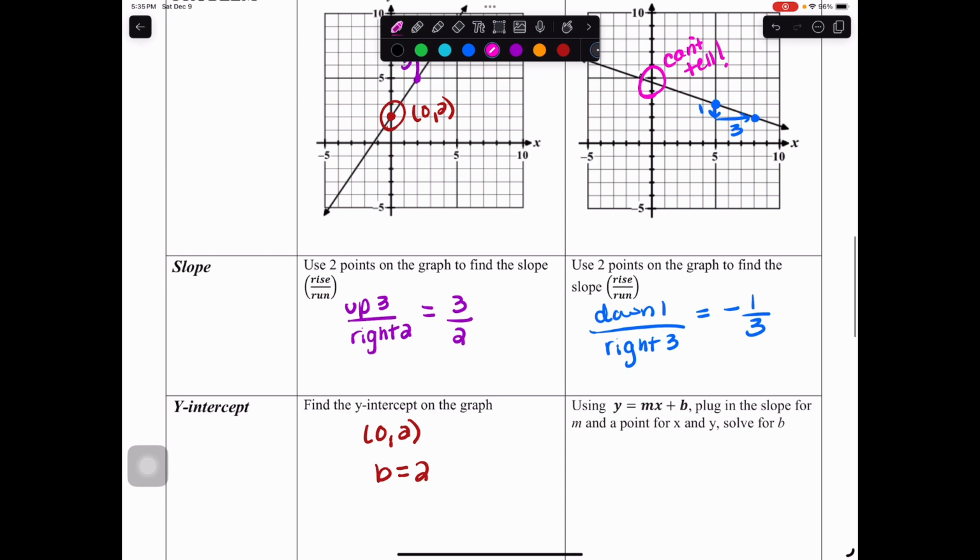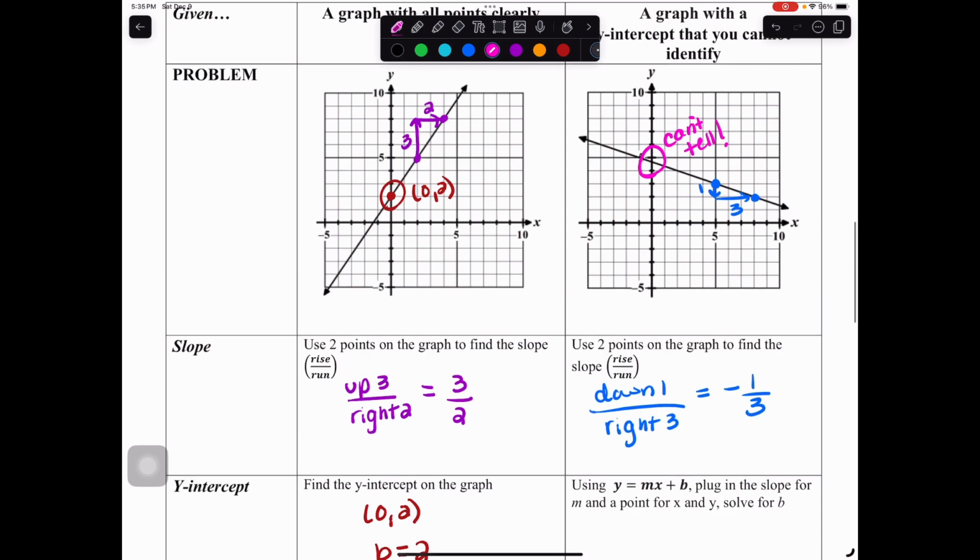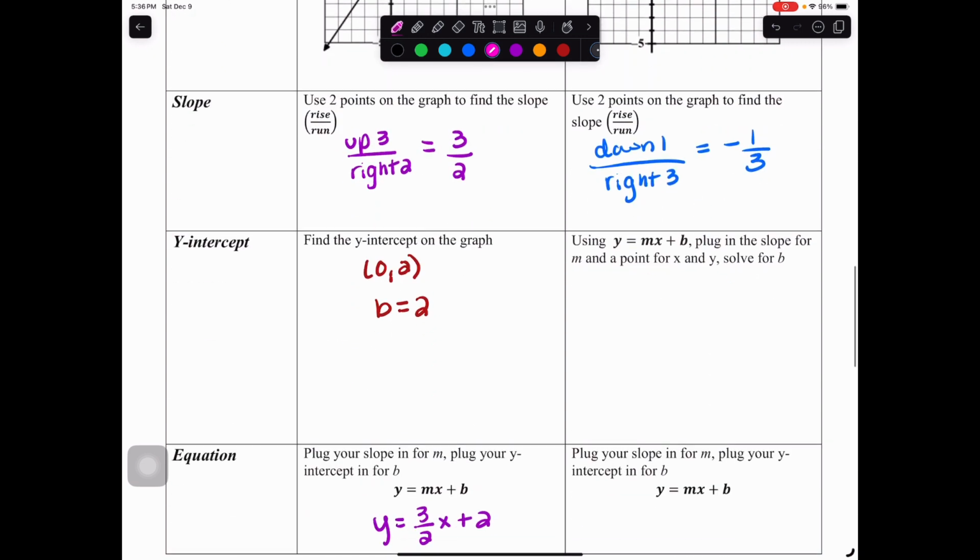So I'm going to go up and I will pick the coordinates (5, 3). And then I already know that my slope is -1/3.